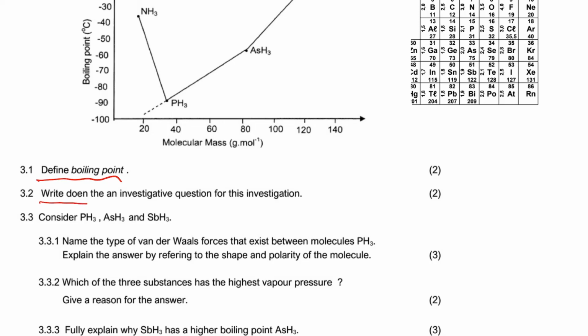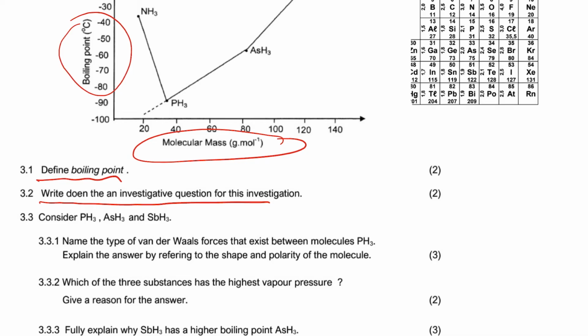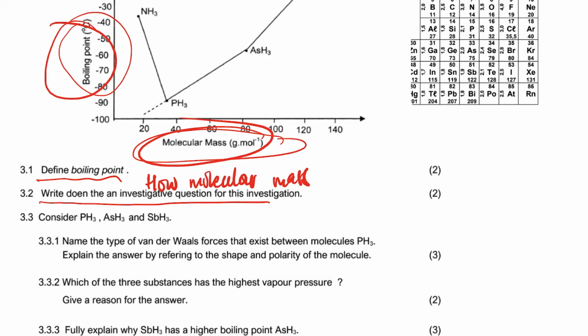Now it says write down the investigative question for this. Guys, the investigative question must be between these two. It must be a question: what, how, why. So you say, how will the molecular mass affect or influence the boiling point?